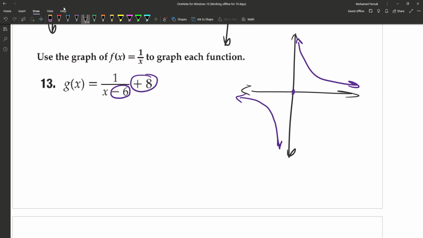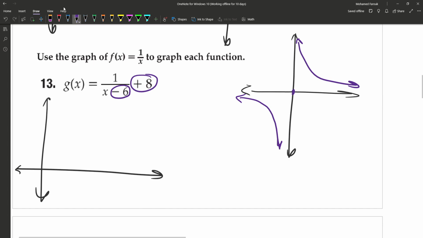At first, let's draw our coordinate plane. Then let's shift it to the right 6 units. Let's count to the right 6 units: 1, 2, 3, 4, 5, 6, and up 8 units: 1, 2, 3, 4, 5, 6, 7, 8. This is the center of the graph.